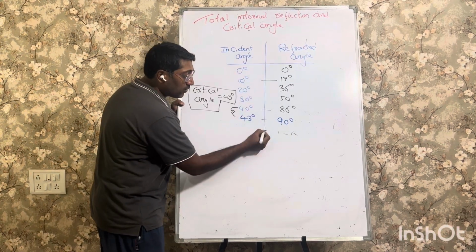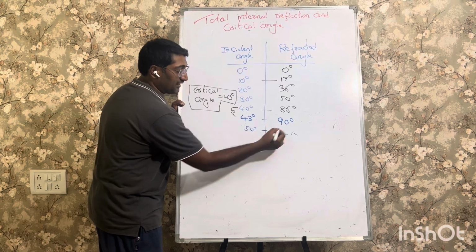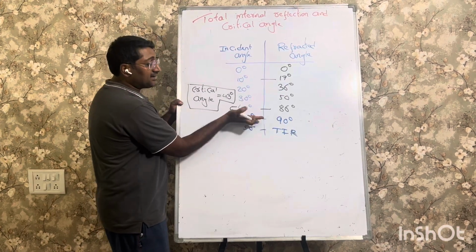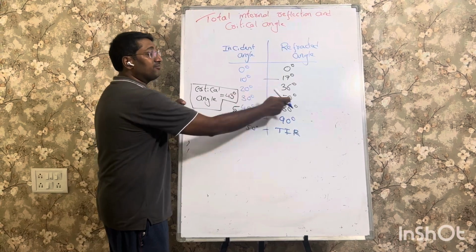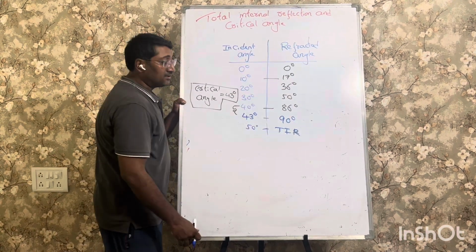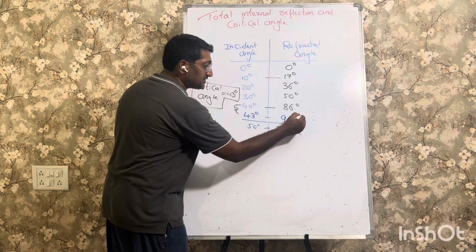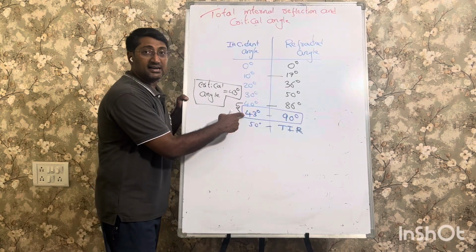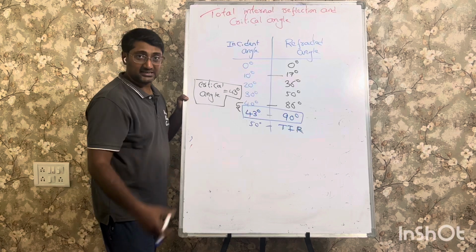Any angle more than 43, like 50, will produce total internal reflection. Any angle less than 43 will produce refraction. So this particular incident angle is called the critical angle of refraction.